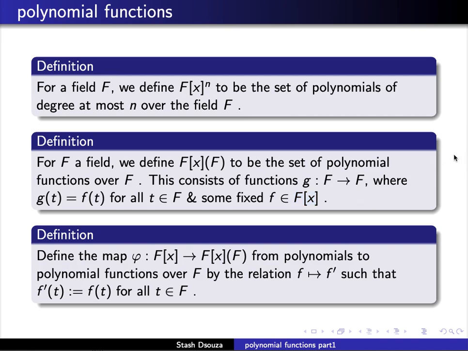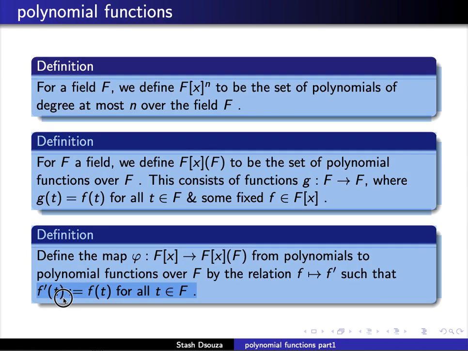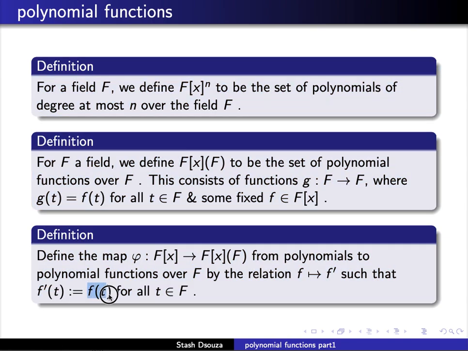Now we define the map phi from the ring of polynomials over the field F to the set of polynomial functions over that same field F. This map is defined by the relation phi(f)(t) is equal to f(t).